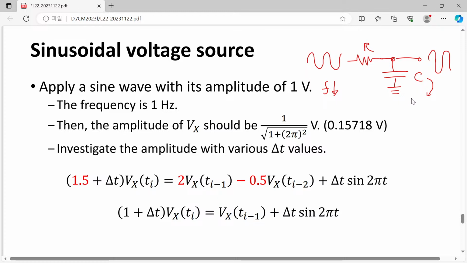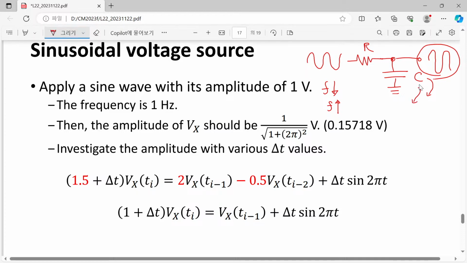However, if we go to sufficiently high frequency, then what will happen? In this case, the impedance of this capacitor is significantly reduced. So now the output voltage, V sub x, will be diminished significantly. Simply speaking, the impedance of this R is always R.